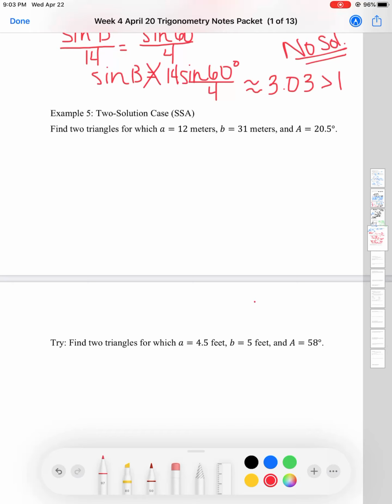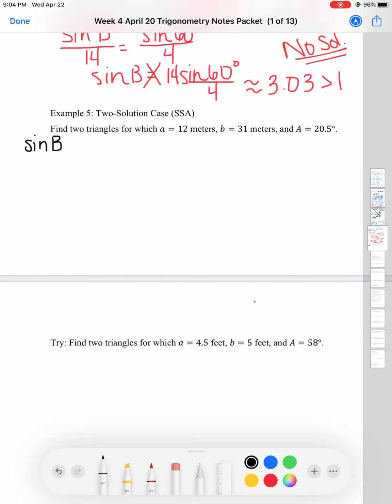So we need angle B, angle C, and side c. So let's always start with angle B because they gave us side a and side b. If they would have given us side c, we would have found angle C first. But since they gave us side b, we're finding angle B first.